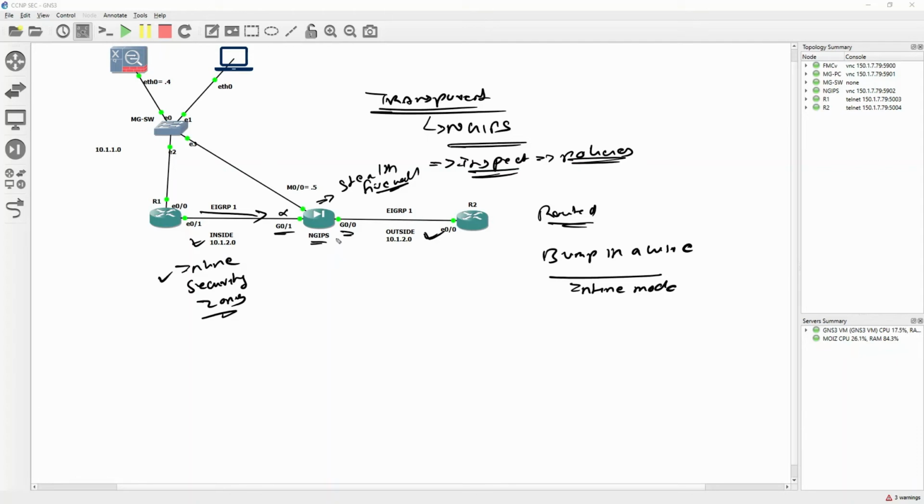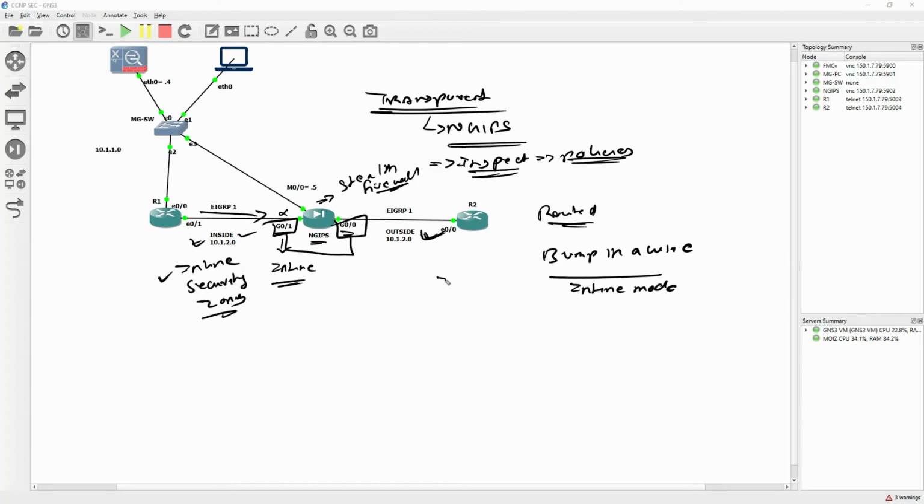Since we have multiple interfaces, you can use them for multiple devices and configure according to your requirement. Scalability is there for you. Now these two interfaces will not be in routed mode, they will be in inline mode. Once these two interfaces are in inline mode and the security zones have been assigned, another thing I have to do is group these two interfaces.